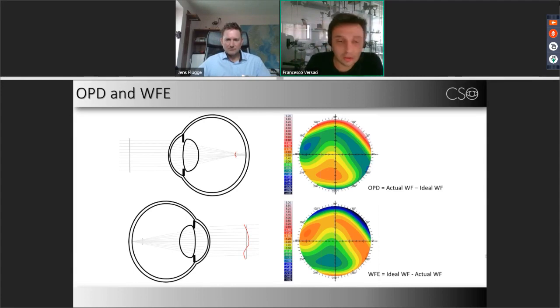So according to this principle, we can define the wavefront error starting from what the eye is providing as reflection, and in this case, the wavefront error would be considered minus the OPD, so the ideal wavefront minus the actual wavefront.